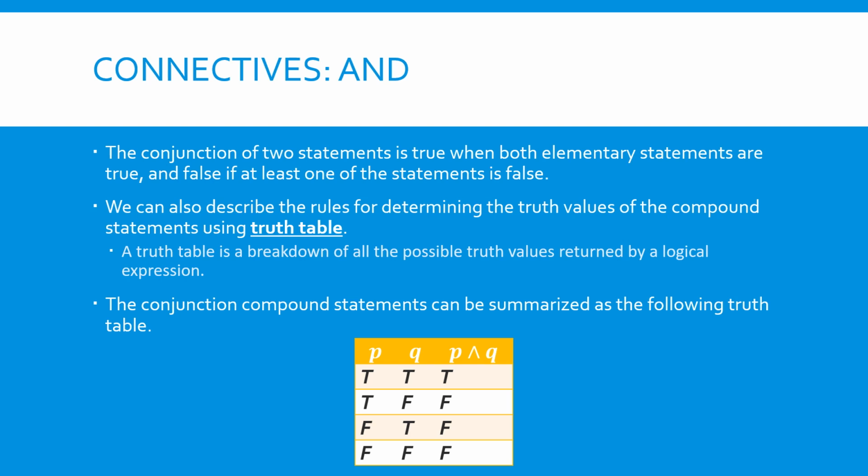You can see from the first row of the truth table that when P is true and Q is true, the corresponding truth value for the compound statement P and Q is true. For the other cases, the truth values of the compound statement are all false. This is consistent with the original description of the truth value determination rule.